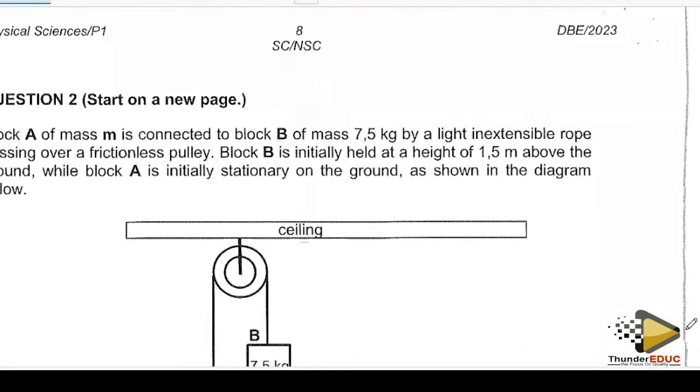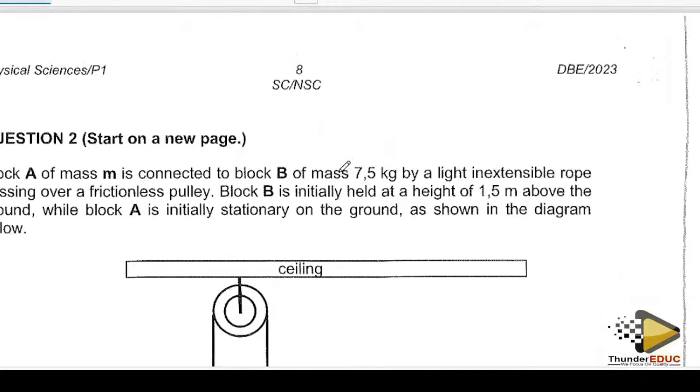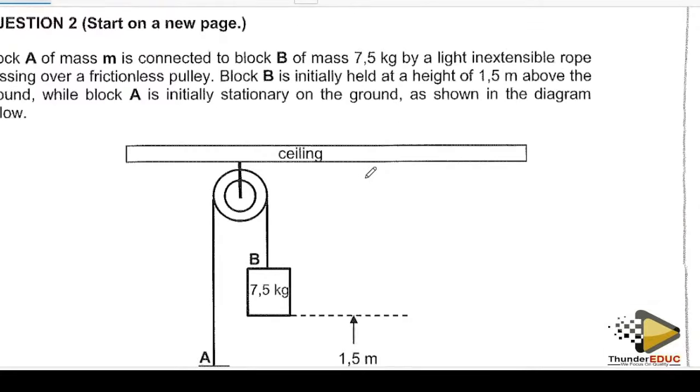Then question number 2. They're telling us that a block A of mass n is connected to block B of mass 7.5 kilograms by a light inextensible rope passing over a frictionless pulley, as we can see.